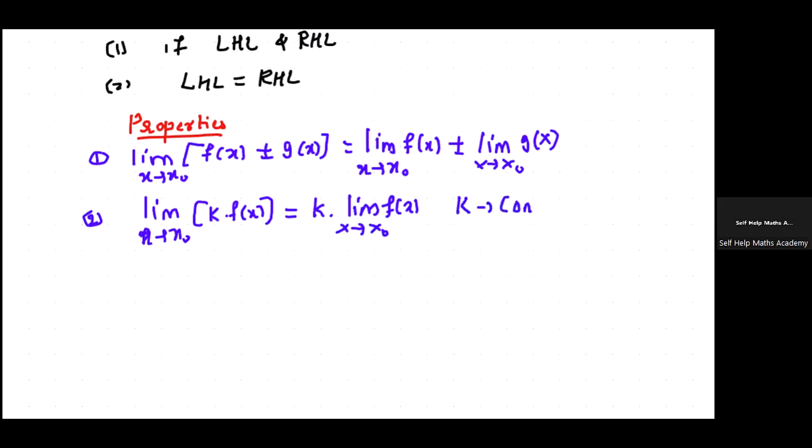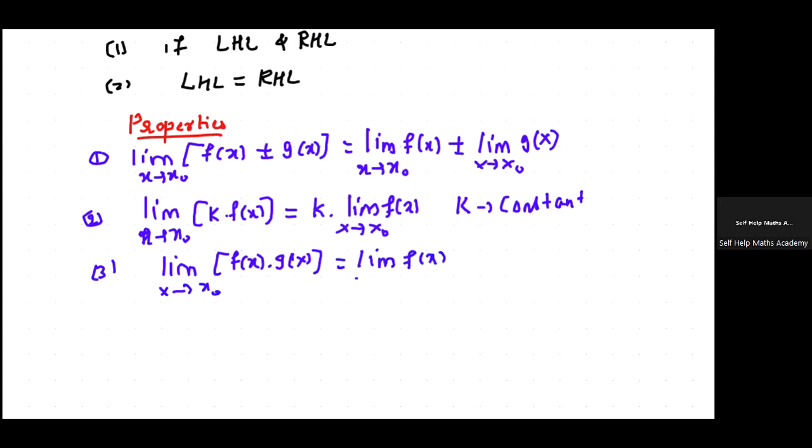And then the third property says that if you have the limit of f of x into g of x as x is tending to x naught, we can write this as the limit of f of x as x is tending to x naught into the limit of g of x as x is tending to x naught.